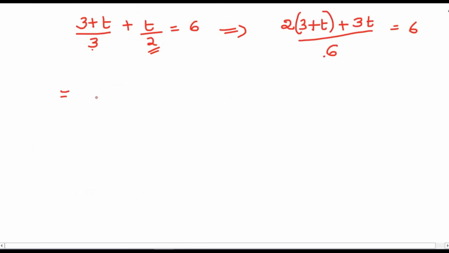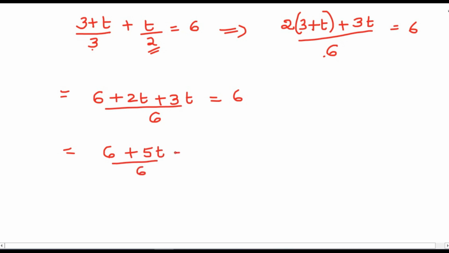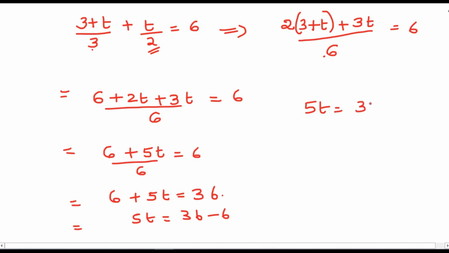So this is 2 into 3 is 6 plus 2t plus 3t divided by 6 equal to 6, which is 6 plus 5t divided by 6 equal to 6, so 6 plus 5t equal to 6 times 6, which is 36. So 5t equal to 36 minus 6, 5t equal to 30, t equal to 30 divided by 5, t equal to 6.